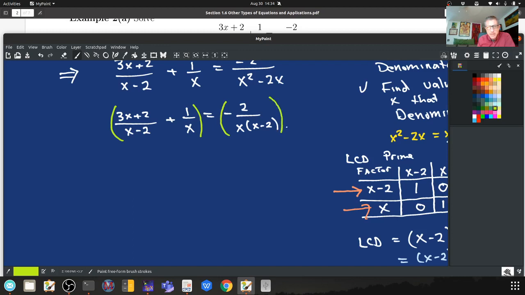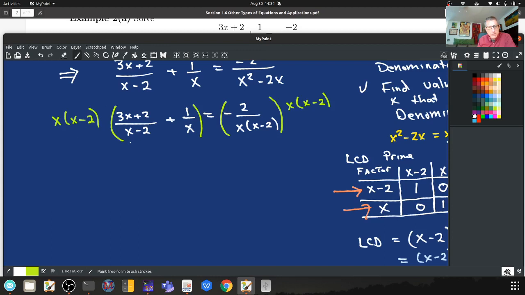I'm going to go ahead and enclose both sides in parentheses. And remember to keep the equality. We have to multiply both sides by the same amount. So let's see what that simplifies to. So x times x minus 2 times 3x plus 1 divided by x minus 2.